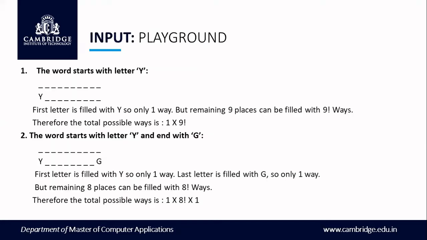First, the word should start with the letter Y. So what is the given input? The given input is PLAYGROUND. How many letters are there totally? 4, 5, 6, 7, 8, 9, 10.